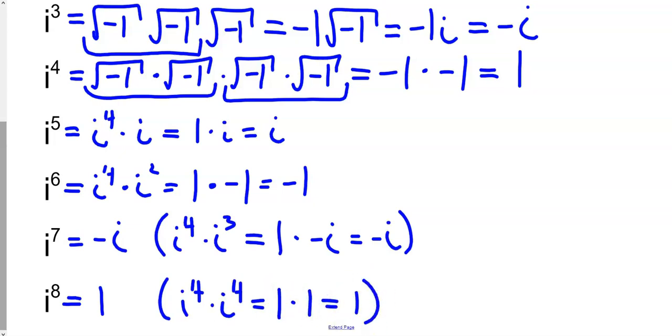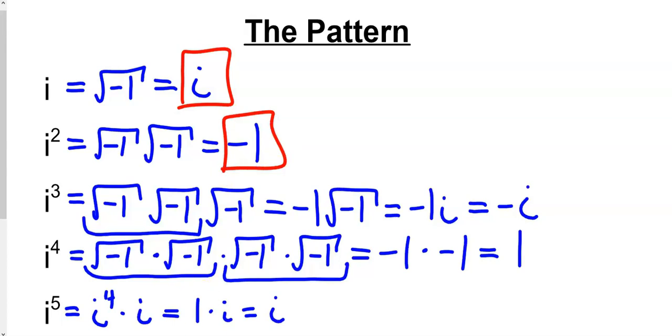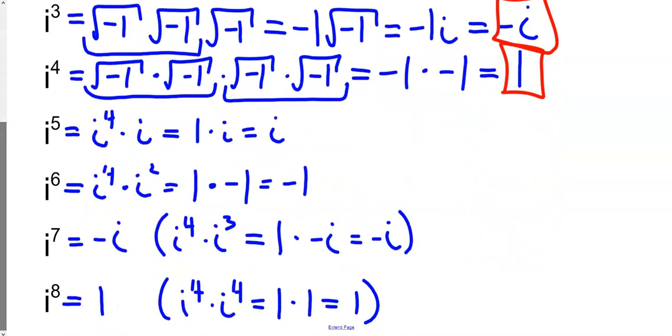So notice that my pattern starts with i, then goes to -1, then goes to -i, and then goes to 1. And when you look right down here, when we start with i to the fifth, it goes i, then -1, then -i, then 1. It's the same pattern again.